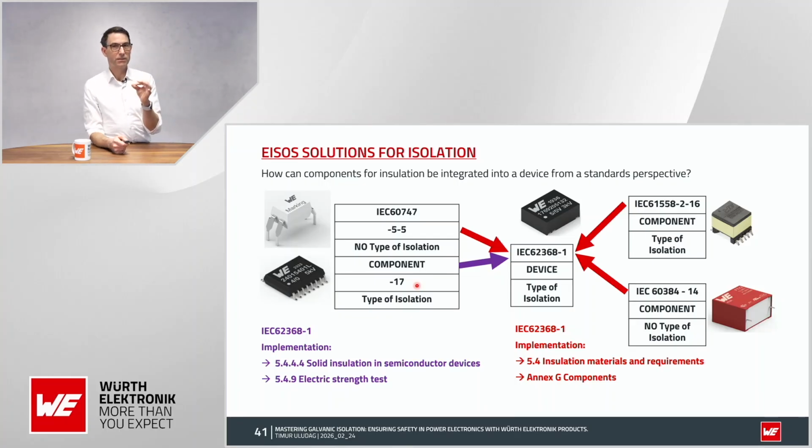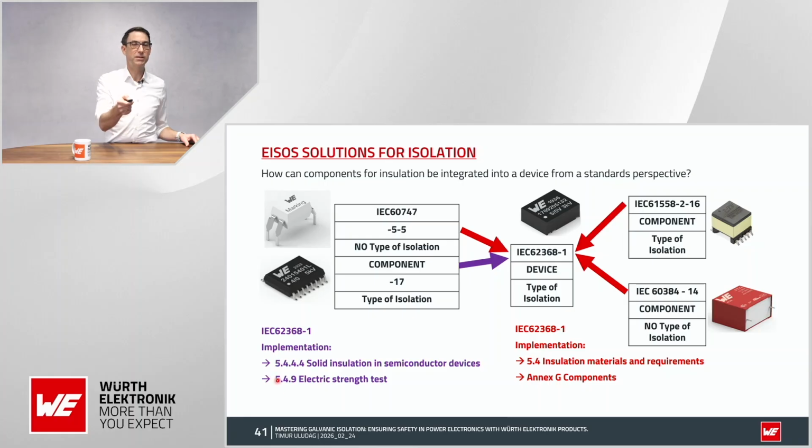This is not a problem, but it is the work you have to do to understand that for different products where you can build an isolation, there is different information about how the isolation is quantified. You have a type of isolation, but here you have only clearance and creepage, distance through isolation, and also the isolation test voltage.